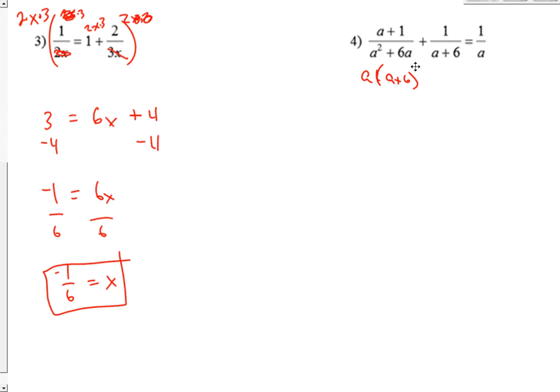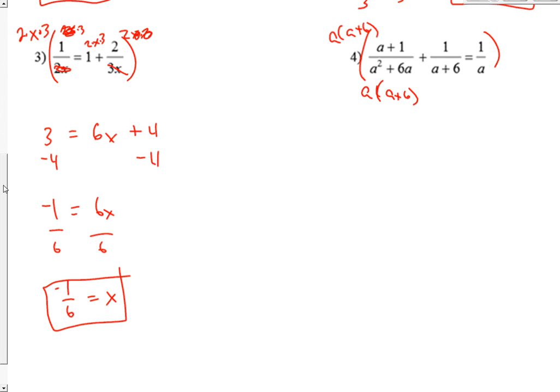Both the a and the a plus 6 are used in the other two terms also, and that will be our common denominator that needs to be multiplied times each of these fractions. When you distribute, that is going to be part of each of the numerators. So a times a plus 6, a times a plus 6, and a times a plus 6.